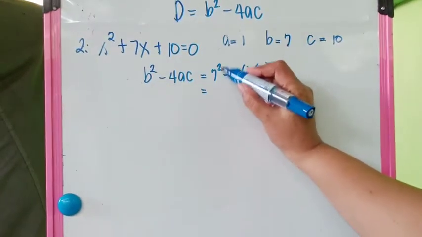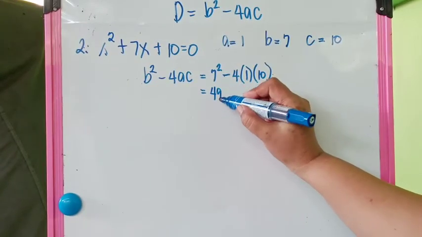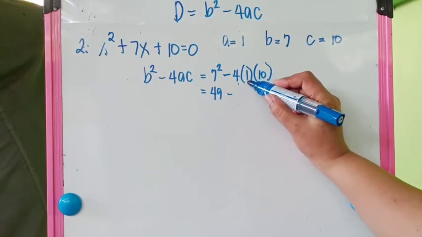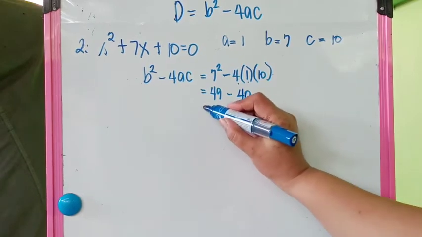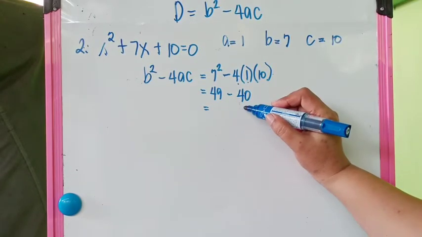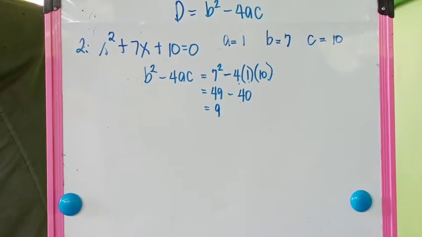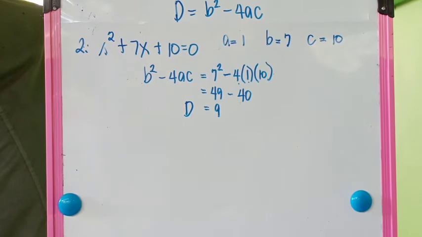Then, the square of 7 is 49. Then, minus 4 times 1 times 10 is 40. Subtract 40 from 49 and the difference is 9. So, the discriminant now is 9.